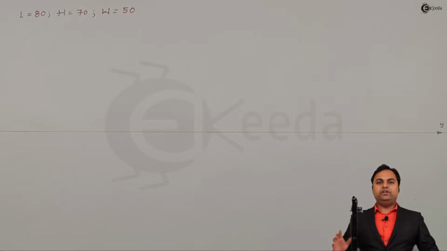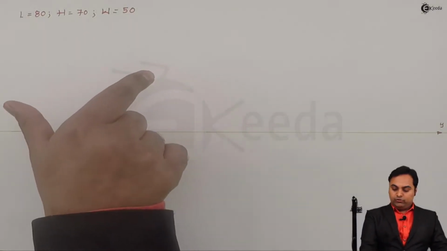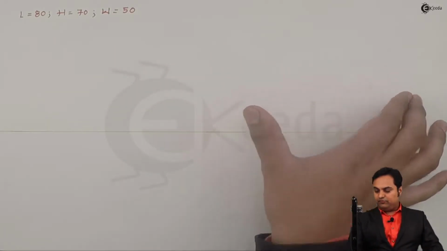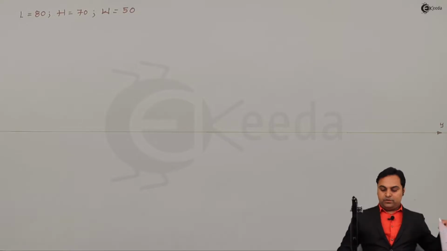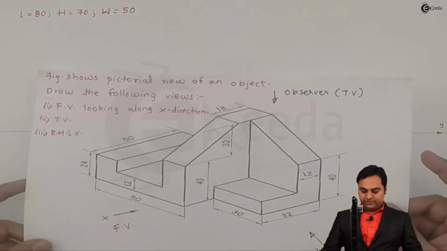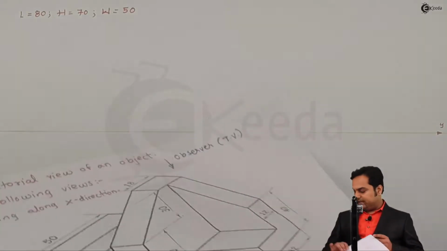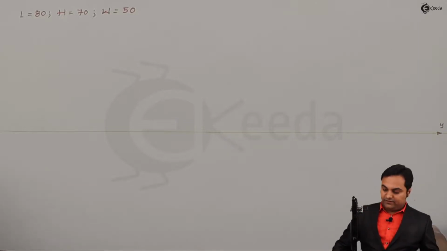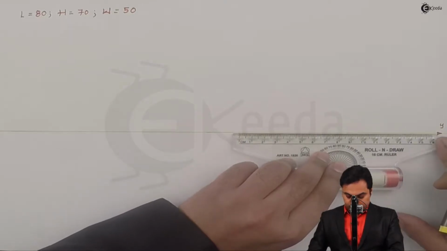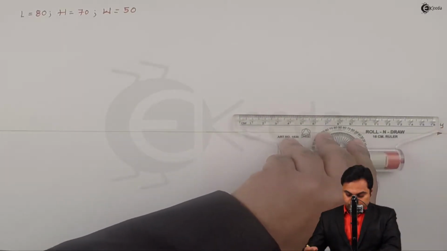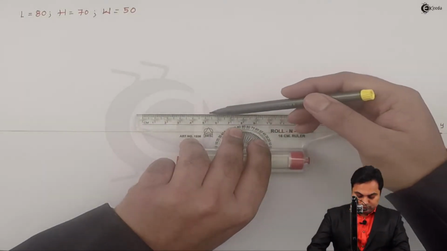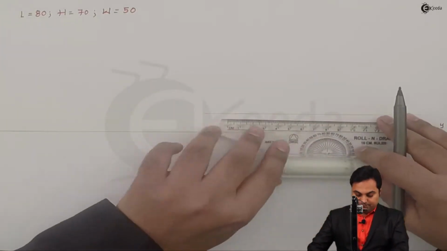As side view and front view are adjacent to each other, on the left we have the side view, so front view will be on the right hand side, and below front view there will be top view. Now once we have understood where to locate the front view, since length and height are known to us, and in the front view we are going to see the length and height, I'll draw the rectangle for the front view. Length is 80 mm.